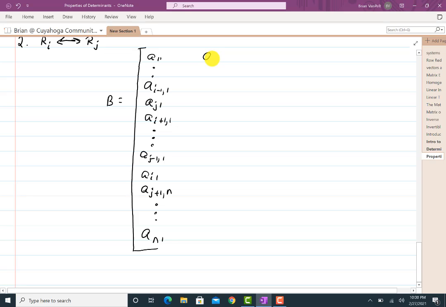And then just to get the feel for it, A12, dot, dot, dot. Then we'll have A(I-1),2, AJ2, A(I+1),2, dot, dot, dot, A(J-1),2, AI2, and then A(J+1),2. I see I made a mistake here. That should be a 1 there.